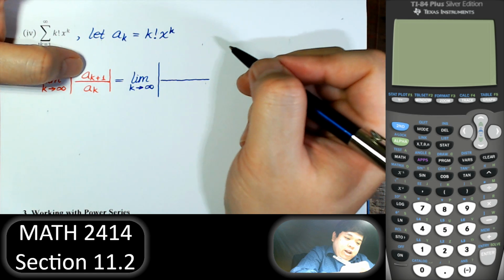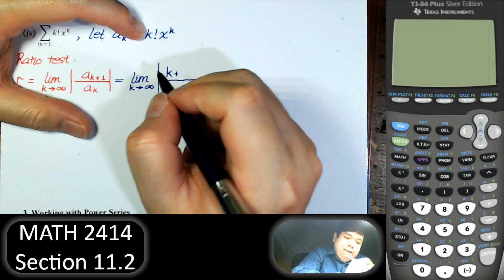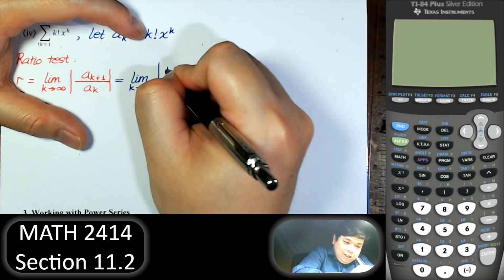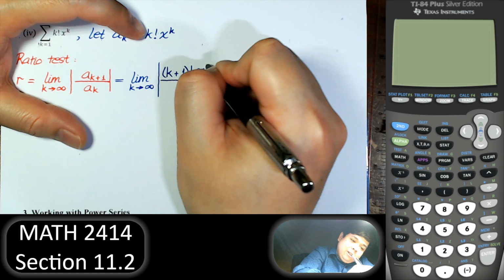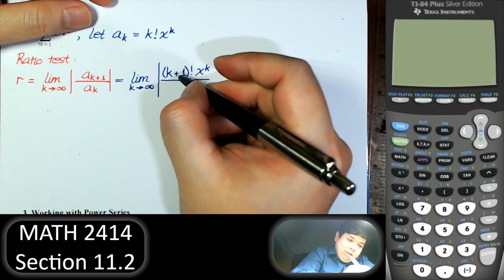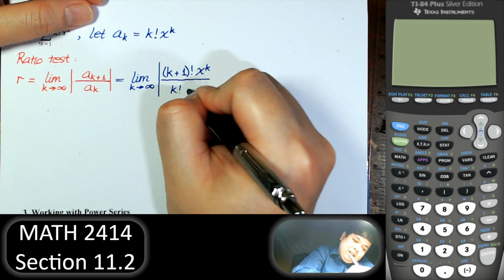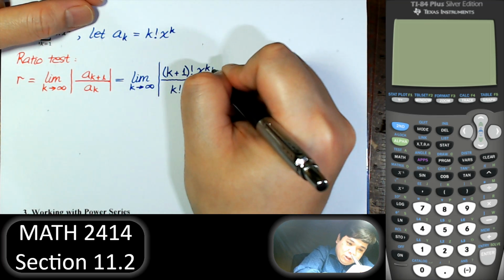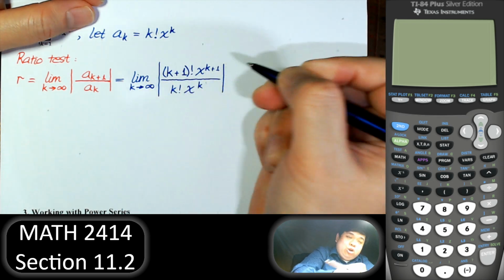Right, for a sub k plus 1, we're going to put k plus 1 here. And a sub k, so this one we don't have a quotient, so just k. So no need to multiply by the reciprocal.